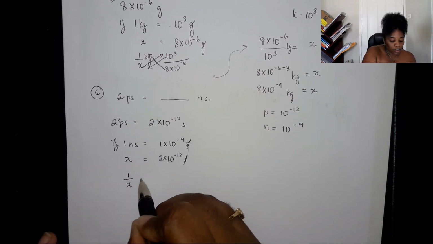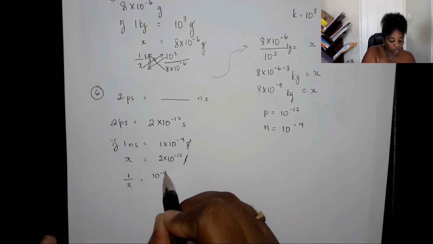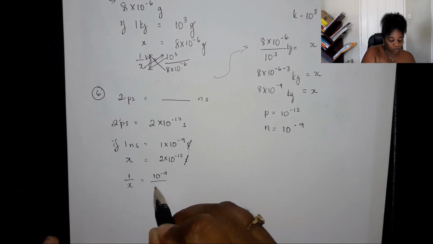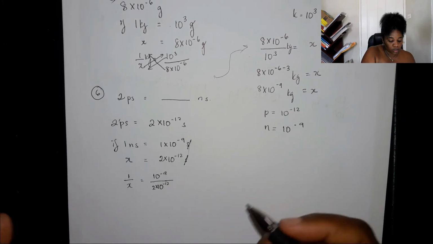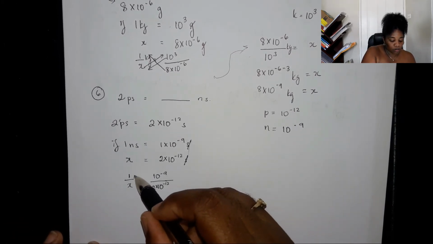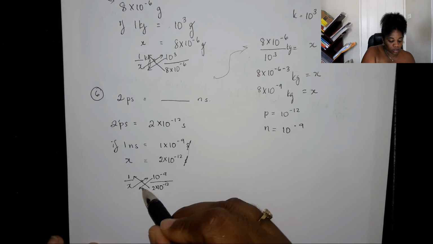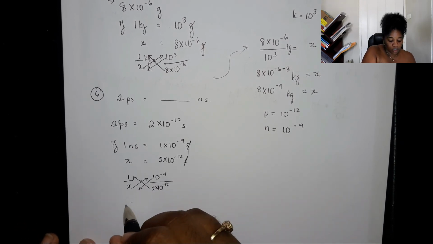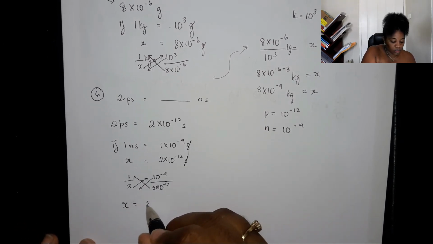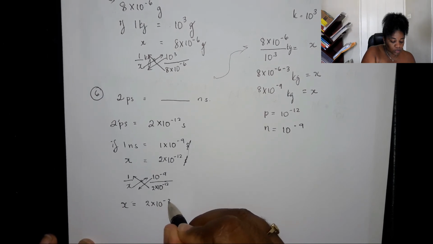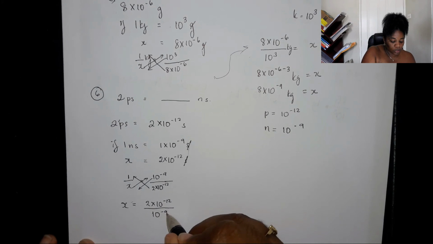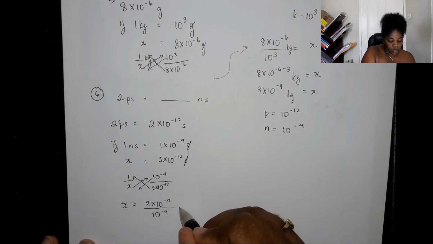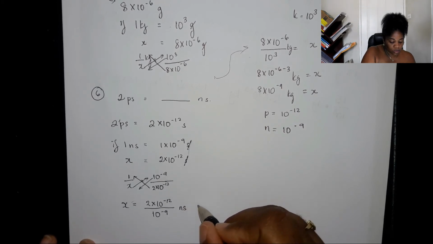And again, you write it like a fraction. I got rid of the 9, I put the 1 by the way, because anything multiplied by 1 is the same thing. And so you cross multiply, and so you get x to equal 2 times 10 to the negative 12 over 10 to the negative 9. And we're looking for nanoseconds. Right.